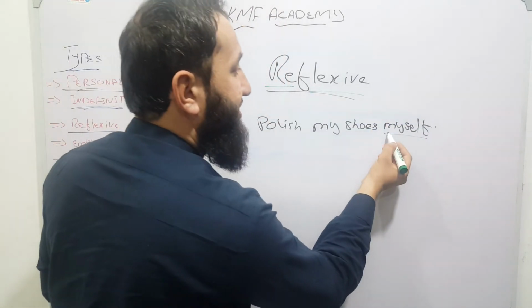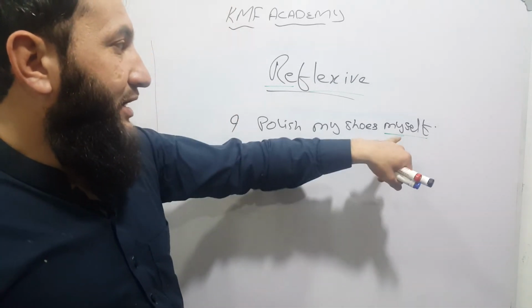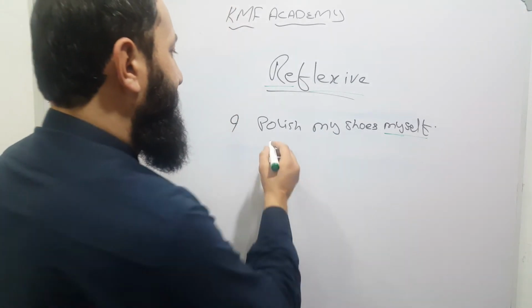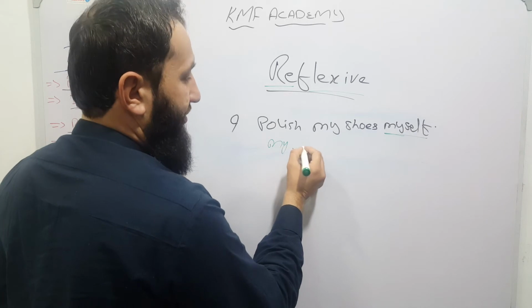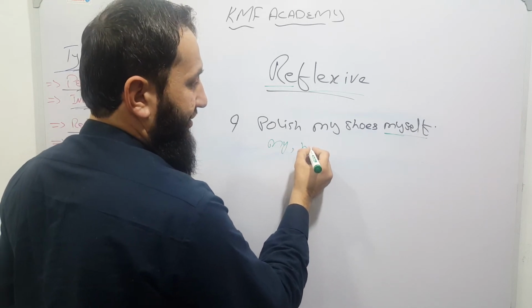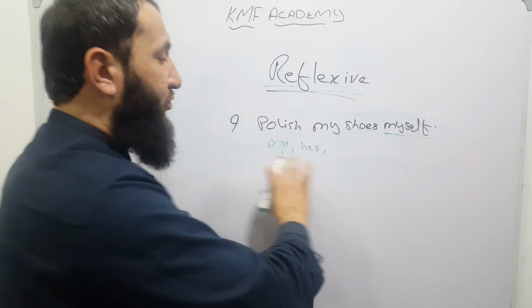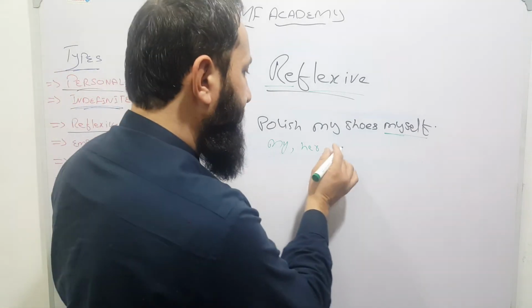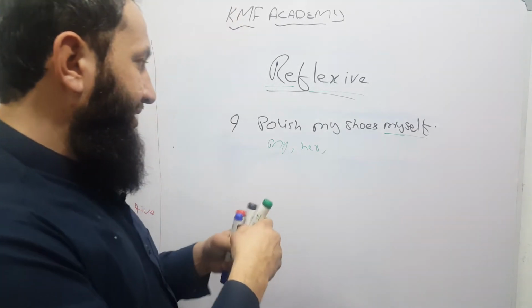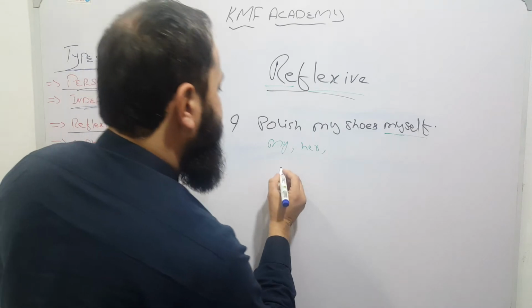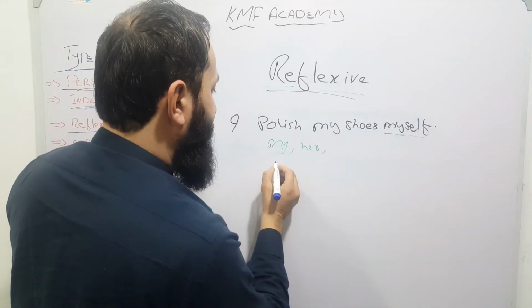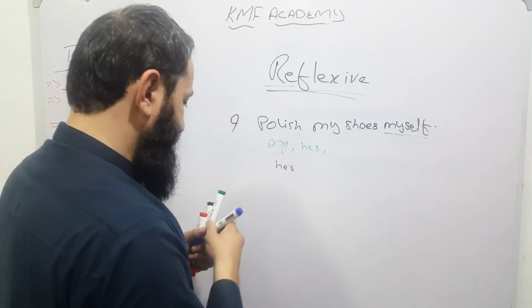In the very beginning I gave a short touch to the possessive pronouns. So when possessive pronouns like my, her, okay, when such terms are affixed with self, for example, myself, herself.